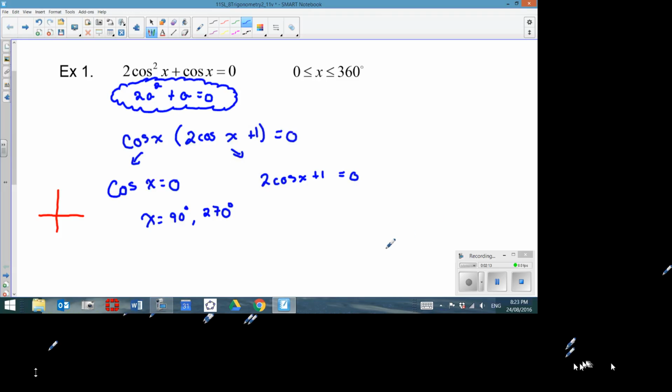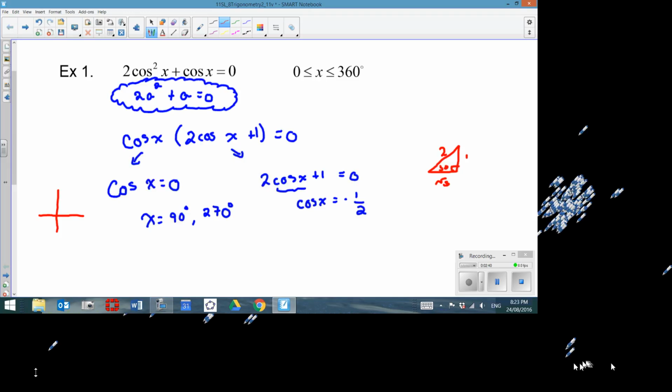In the second equation, 2 cosine x plus 1 equals 0. We need to isolate the cosine, so cosine x will be equal to negative 1/2. For this one, I'm going to have to think about my 30, 60, 90 triangle and think about my ratio for cosine. If this is 30, here's 1, root 3, and 2.